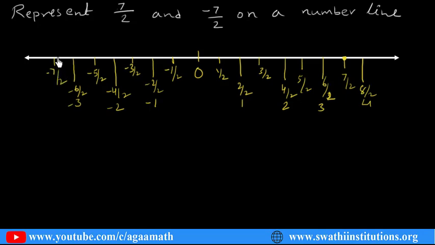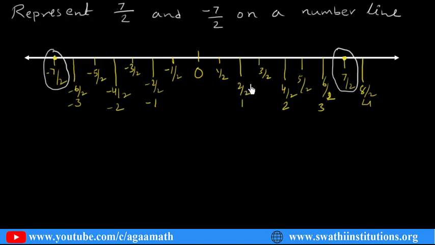So what we need is minus 7 by 2. Let us highlight them: minus 7 by 2 and 7 by 2. Both the numbers are represented on the same number line. So this is how to represent given rational numbers on a number line, right?